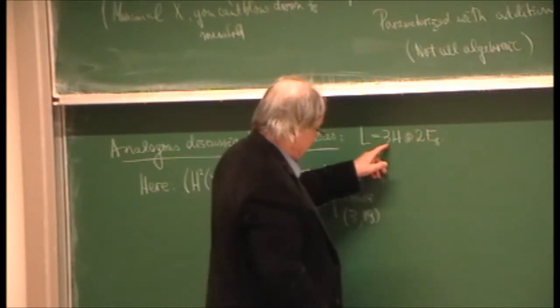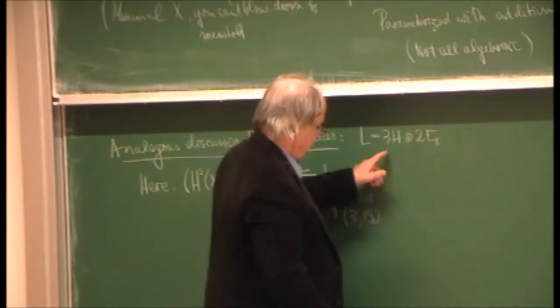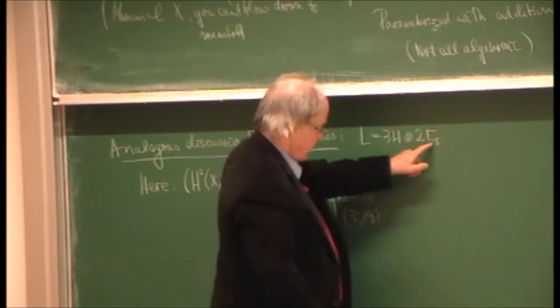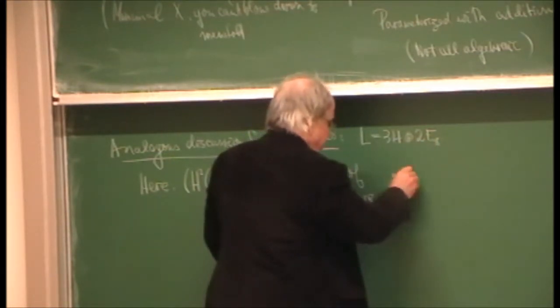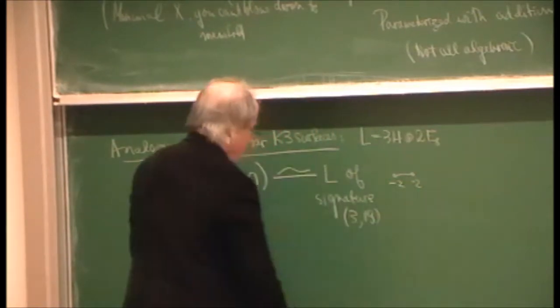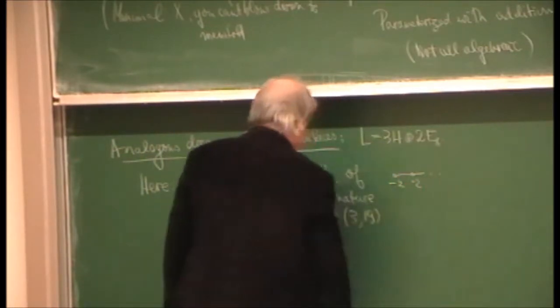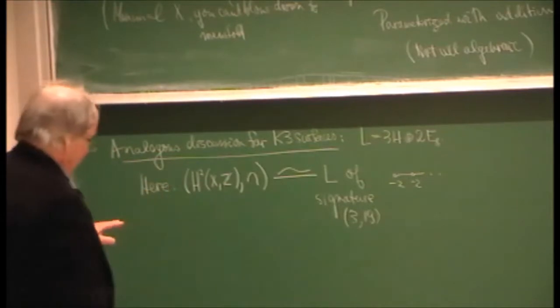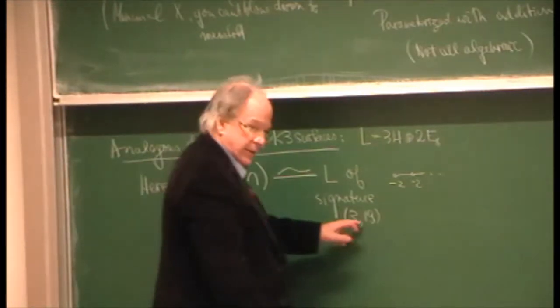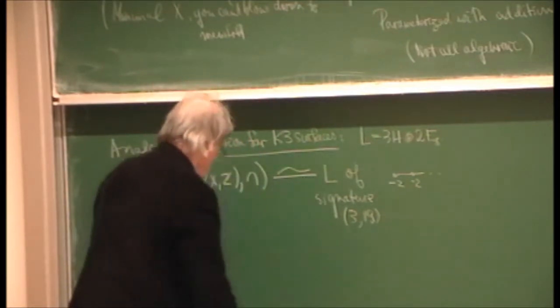The hyperbolic plane has a plus space and a minus space. That's its signature. So you get 3 pluses here. This thing is negative definite, so in E8, each node is minus 2. Anyway, the lattice is very well known. It is of signature (3,19), and that's it.